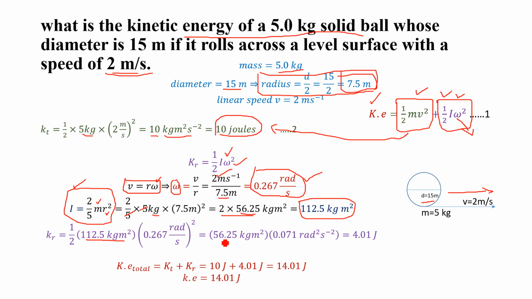Now solving this term, we will get 56.25 kilogram meter square by dividing 112.5 by 2. And taking square of 0.267 radian per second, we will get 0.071 radian square per second square. Now multiplying these two terms, we will get 4.01 joules, and this is the rotational kinetic energy.